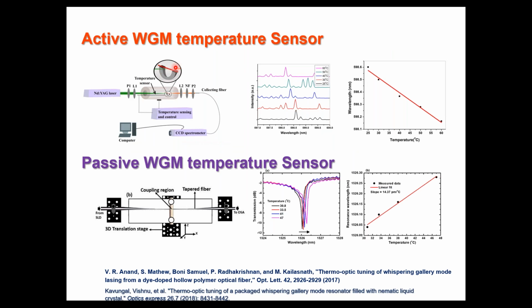So this is a sensor fabricated using such a structure, that is a polymer fiber doped with rhodamine, and this is an active temperature sensor. It is called an active temperature sensor because the light is used to pump the fiber, and the fiber has a gain medium because it is already doped with the fluorescent material.